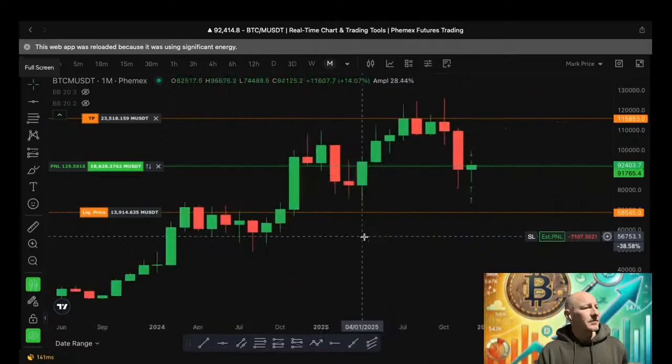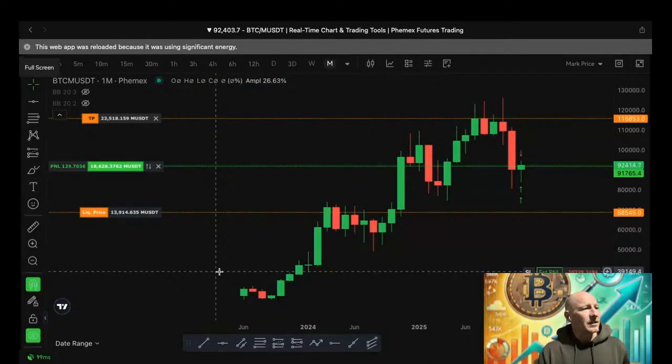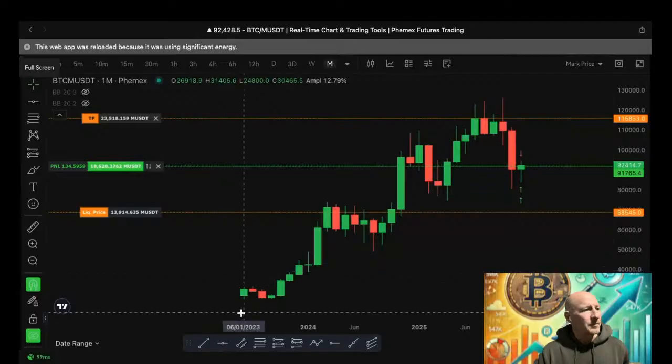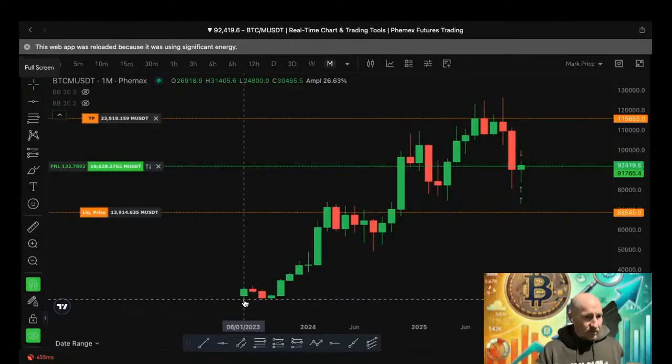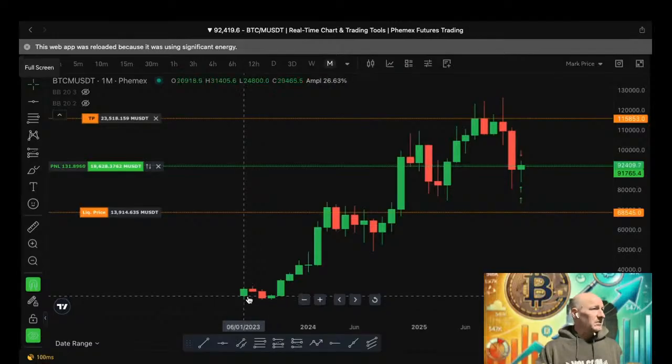okay. So I'm on Femex. Femex only has been in existence since 2023 here, or at least that's when they started listing futures on their platform. Okay, but you can clearly see, so yeah, what's up with that?